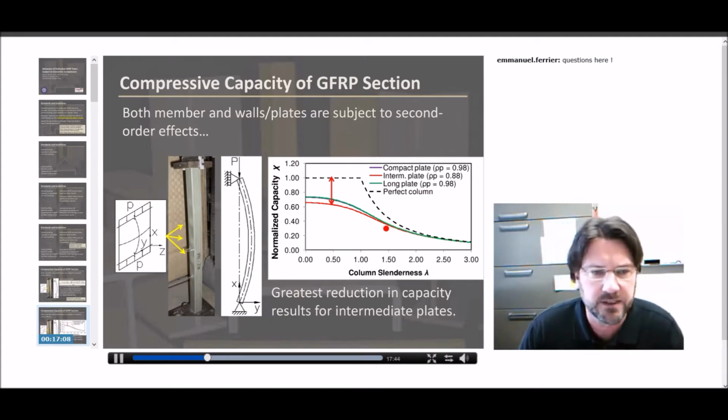What's interesting is that because of this interaction, we see a greater reduction for intermediate plates, plates that fall between compact and slender. Certainly as we go out to very long columns, Euler buckling takes over and plate effects are minimal, as we will also see experimentally.